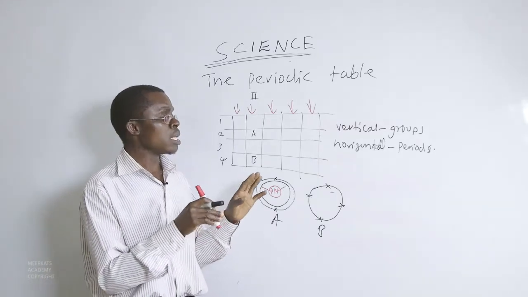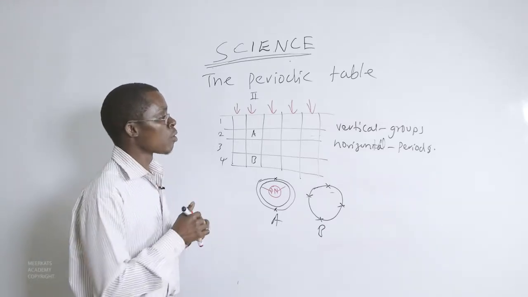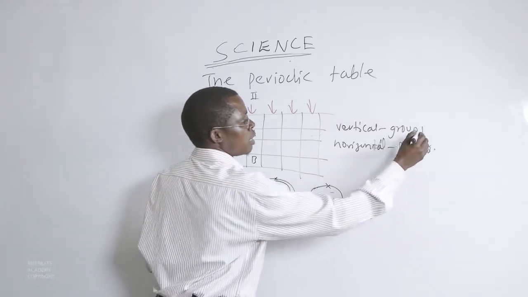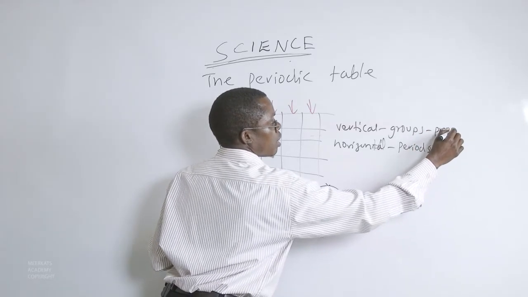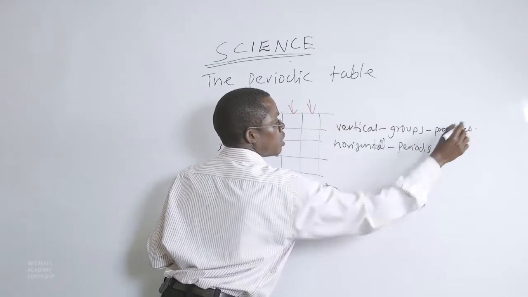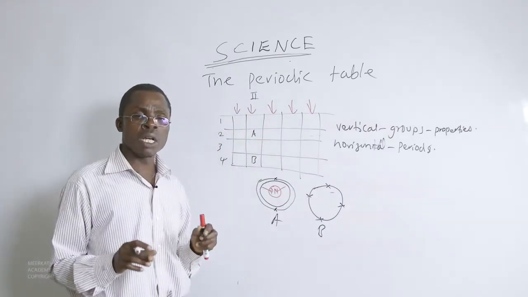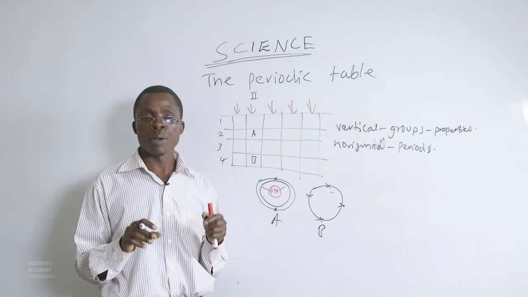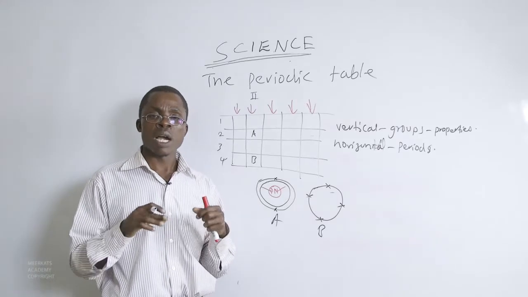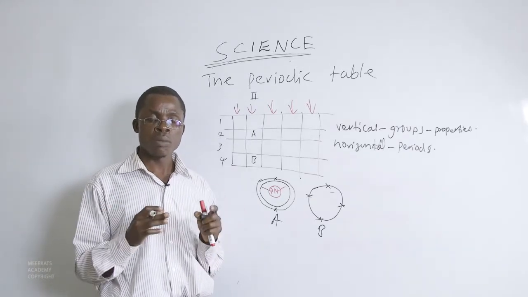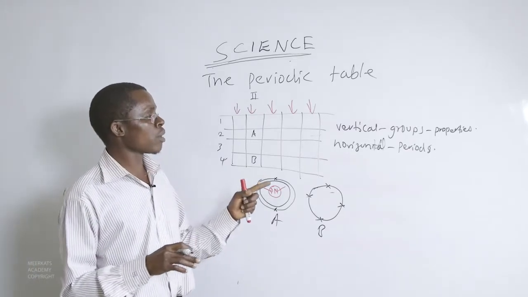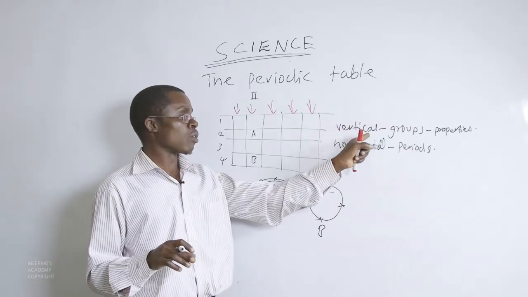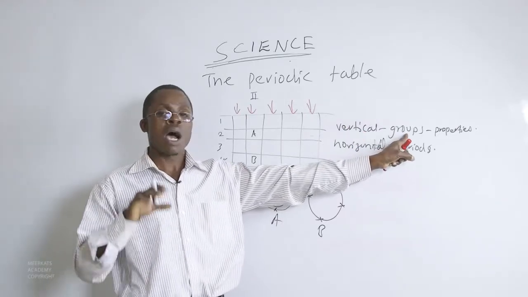Where is the difference? For groups, we look at properties. Those elements that have similar properties, similar chemical characteristics, are categorized under the same vertical column, which we are calling now a group.